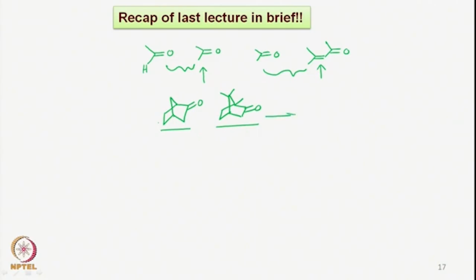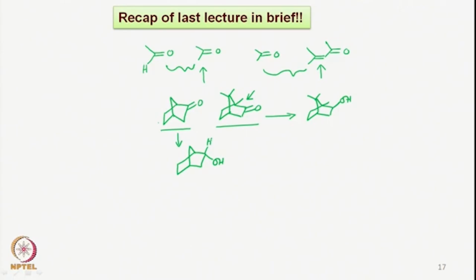In this case, the reduction gives the alcohol which is on the top, because the top part of this particular molecule is sterically hindered, whereas in this case we got the corresponding endo alcohol, because the top part is relatively free, and therefore we get the reduction from the exo side.